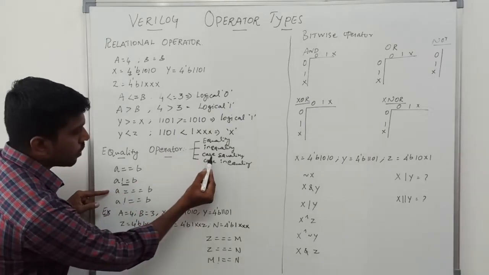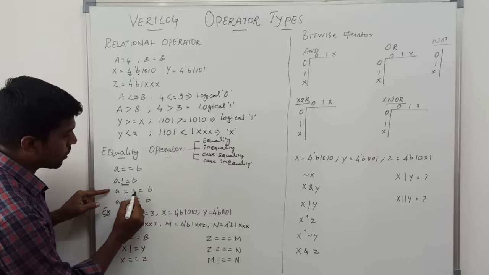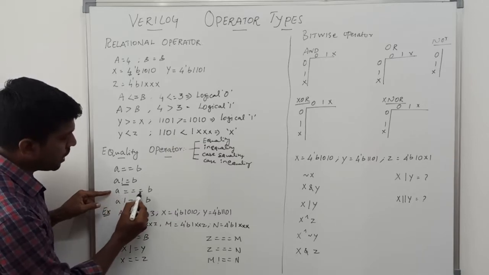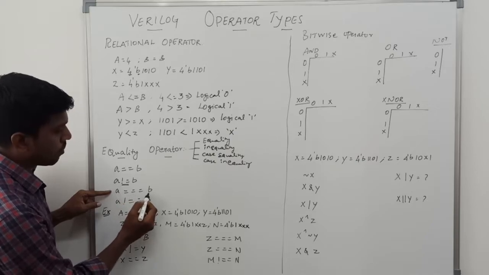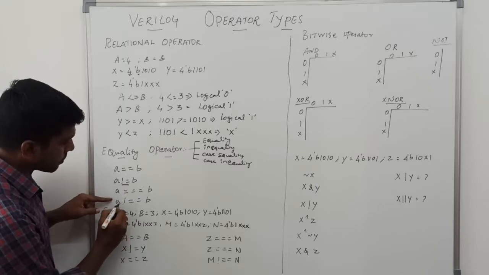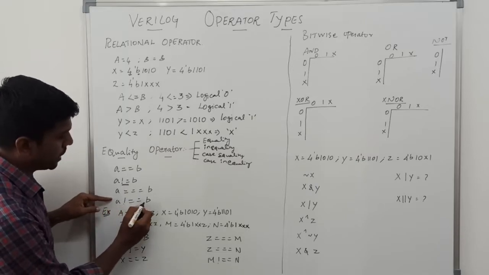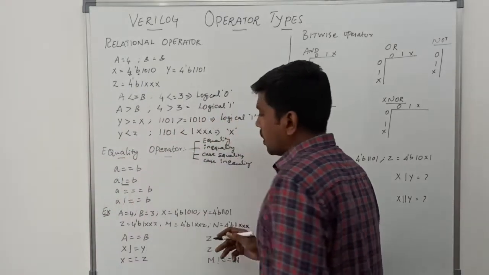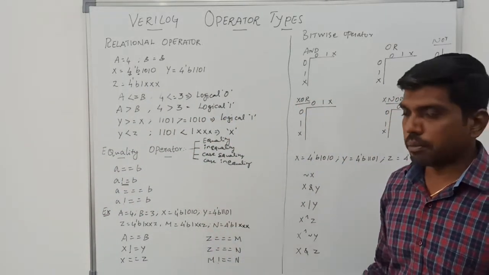In case equality you write 3 equal symbols. After operand A you put 3 equal symbols, then mention the second operand B. So it is case equality. A not equal B with an extra symbol represents case inequality. I will explain with the help of an example.